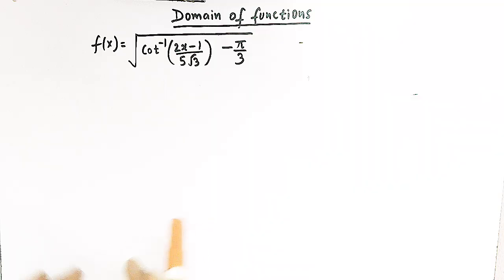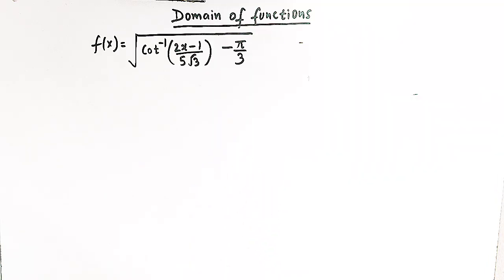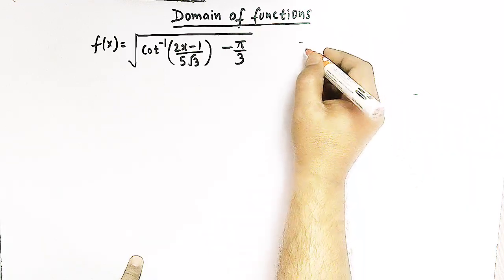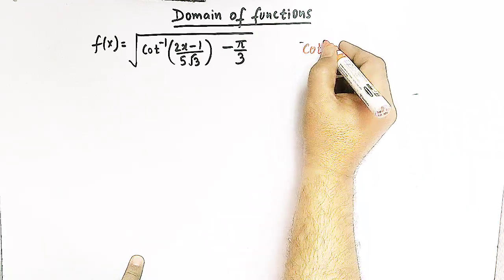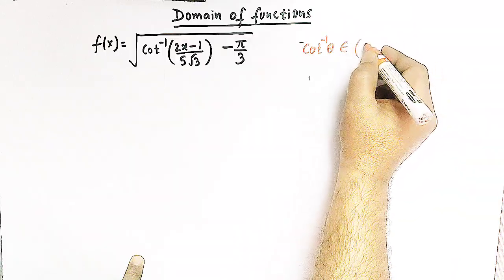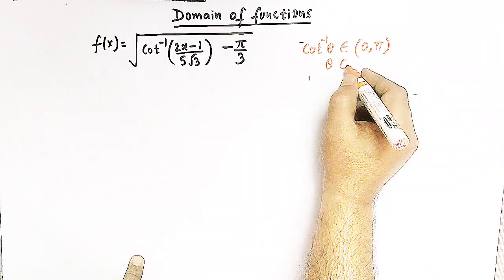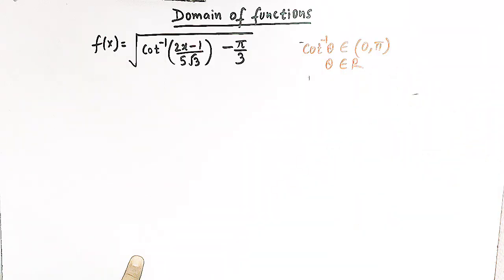So here, in order to find the domain of this function, we'll make use of the principal value branch of the cot inverse function, right? And from inverse trigonometric functions we know that cot inverse theta belongs to the interval 0 to pi, where theta belongs to the set of real numbers.